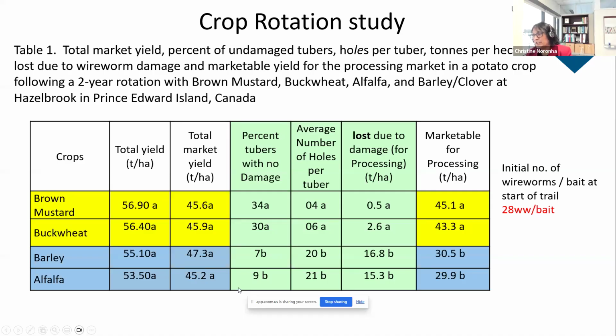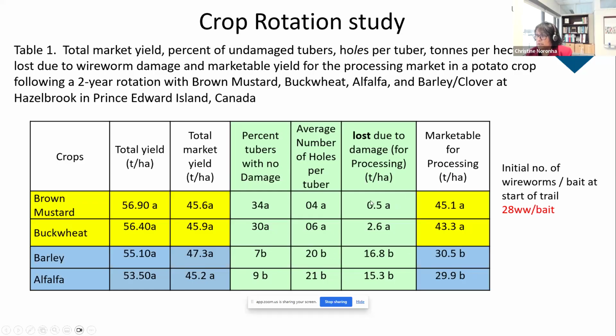We started to see differences when we looked at the damage. Here you had percent tubers with no damage. You can see that the percent of tubers with no damage is significantly higher than in the barley and the alfalfa. The holes per tuber was also significantly lower as compared to the alfalfa.